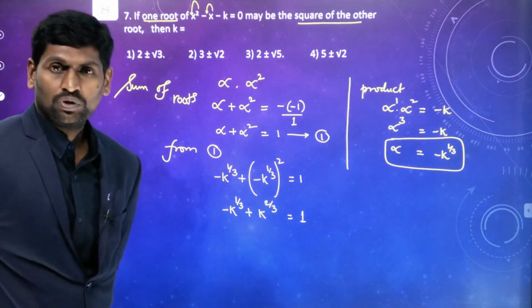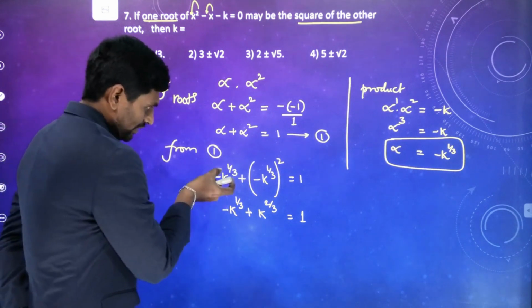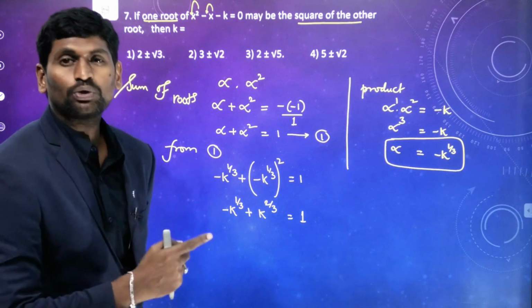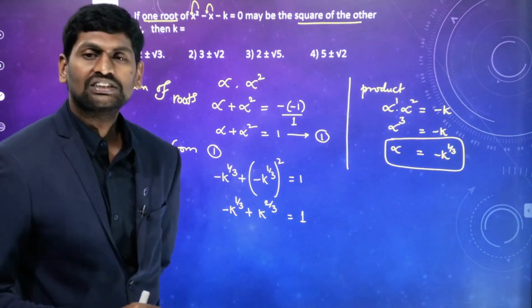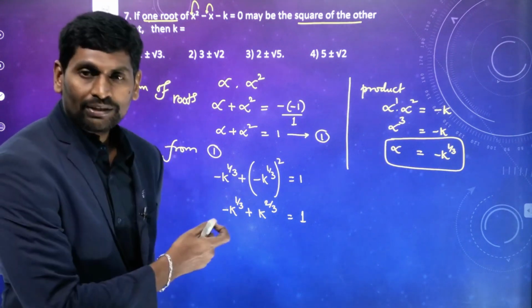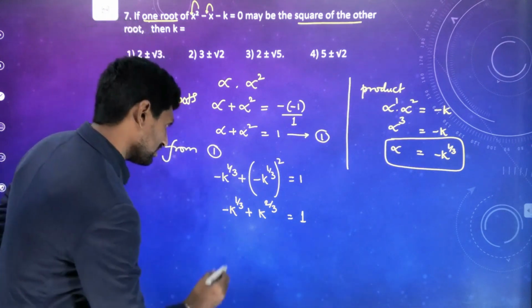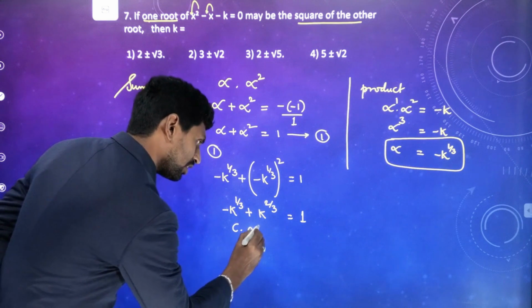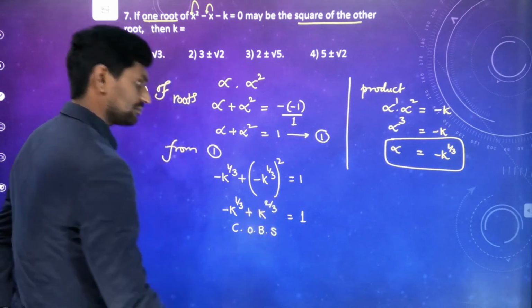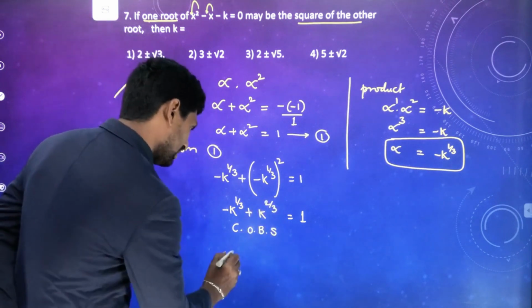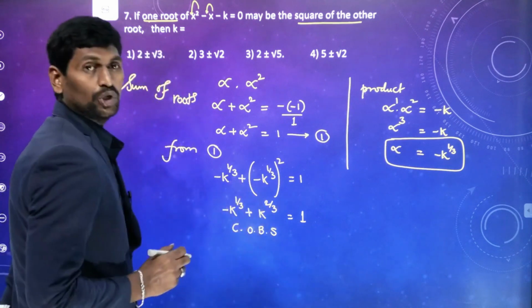Try cubing on both sides. So k power 1 by 3 is nothing but cube root. For removing the cube root, we are applying cubing on both sides. So cubing on both sides, that will be a plus b whole cube formula.